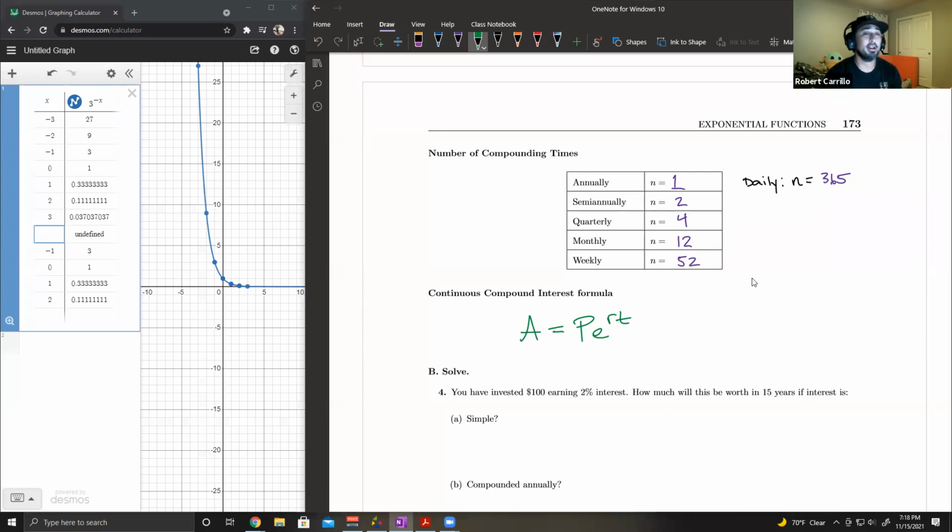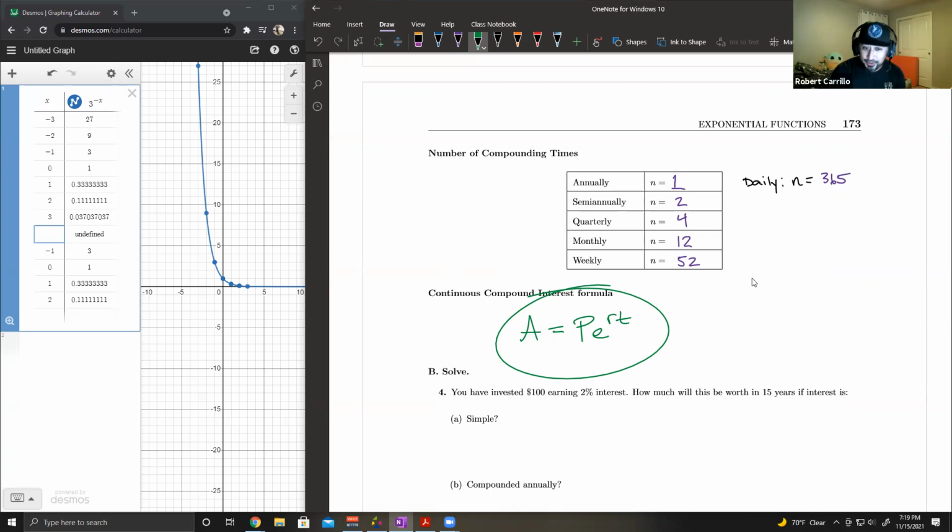And what is cool about Pert is this formula, in the context of growth or decay models in biology, can tell you how long something's been dead for, such as dinosaurs or ancient hunting tools, anything like that. Or it can tell you how fast a bacteria population, an animal population, a human population will grow over a certain amount of time. So it's actually a really cool formula.